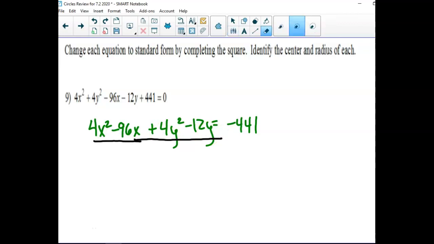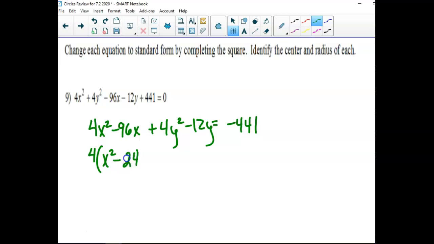You know what? I'm not going to do it this way. Give me a second. No, I'm not going to erase anything. I'm just going to take the 4 out of these two and make it x squared minus, somebody help me, 24x, and then put your blank in the parenthesis, okay?